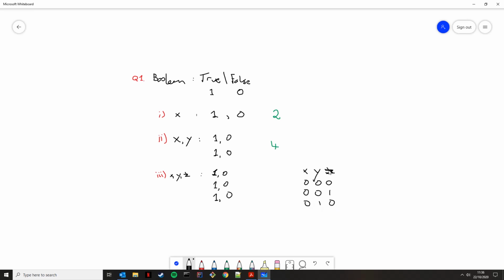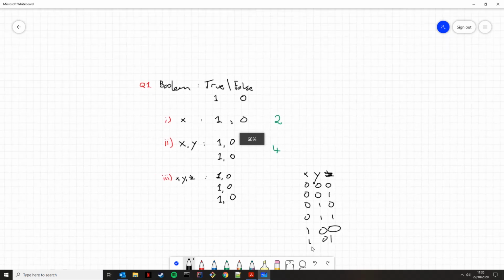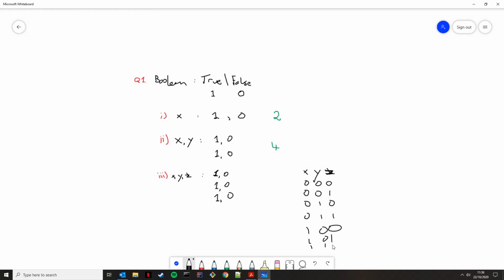So x can be 0, z can be 0, and y can be 1. You can have 0, 1, 1. So x can be 0, y can be 1, z can be 1. 1, 0, 0. 1, 0, 1. 1, 1, 0. And 1, 1, 1. So what it actually is, you have 8 different outputs. So when you have 3 inputs, you can have 8 different outputs.